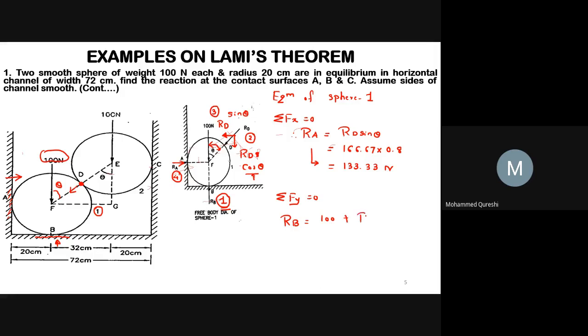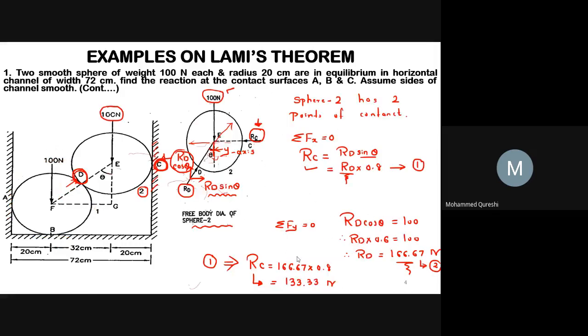So RB equals 100 plus RD cos theta, where the value of RD is 166.67 into cos theta, which is 0.6. So RB equals 200 Newton. So the reaction at the contact surface B is 200 Newton.